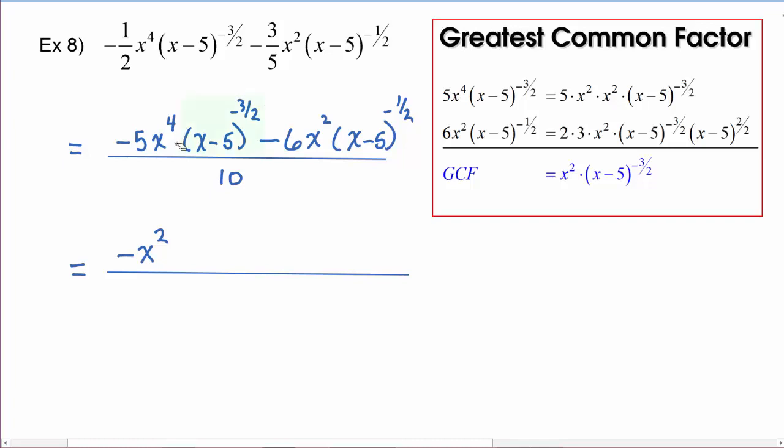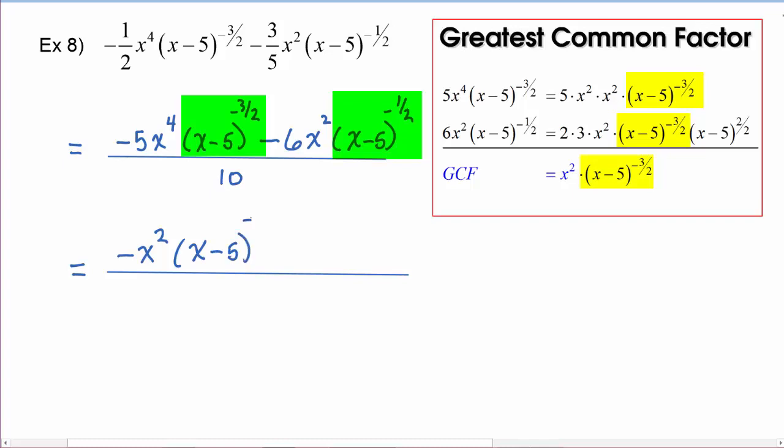We have x minus 5 to the negative 3 halves and x minus 5 to the negative 1/2. We know the smaller exponent is negative 3 halves, so that's what we'll factor out, x minus 5 to the negative 3 halves.